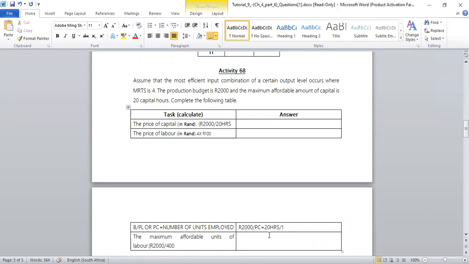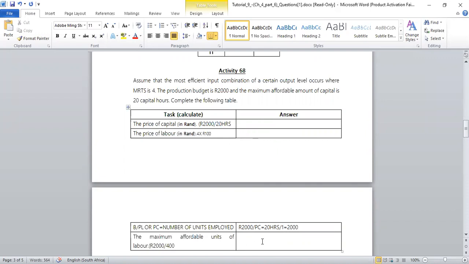So now we are looking for PC. So what are you going to do? I would say 2,000, I'm cross multiplying 2000 times 1, which gives me 2000.